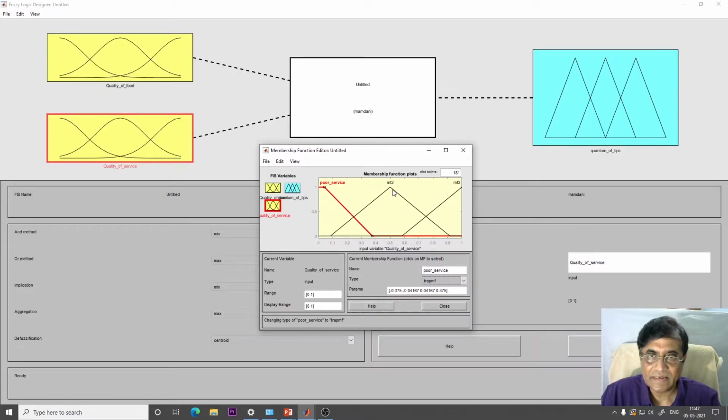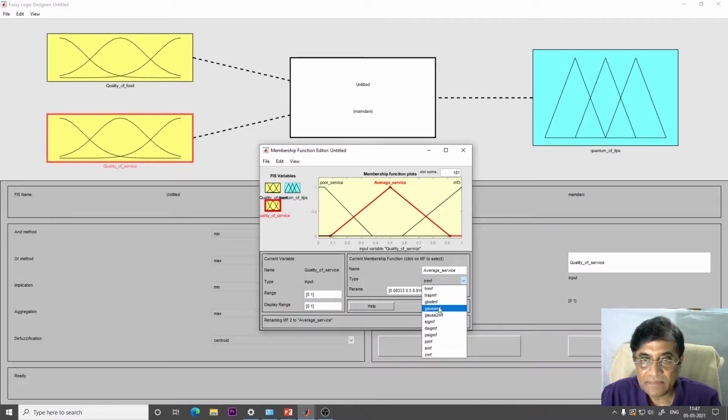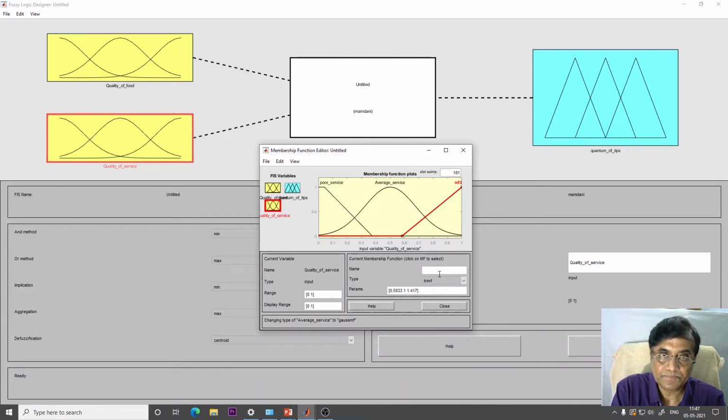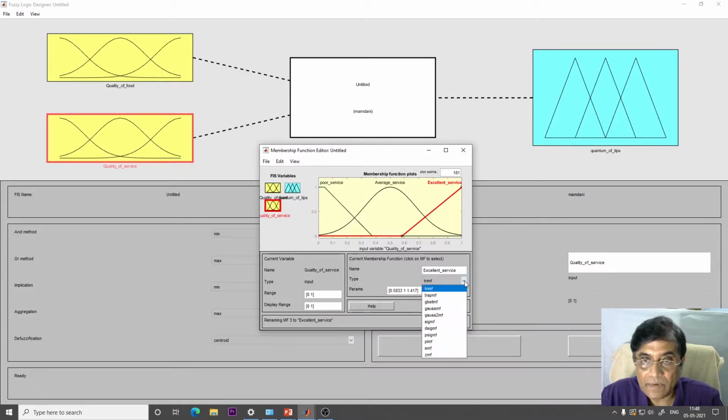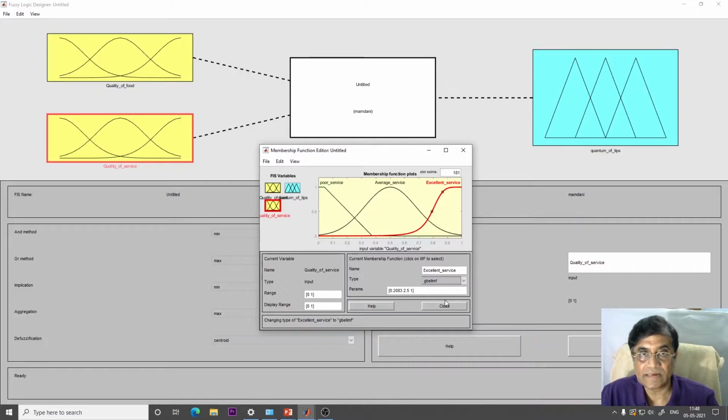You already know this membership function's meaning; if you do not know, of course, you should study the earlier lectures. Say this is average service, and I am using this type of membership function, and say this is excellent service. Suppose I am now showing this one as characterizing excellent.